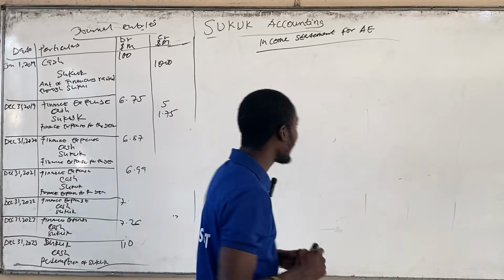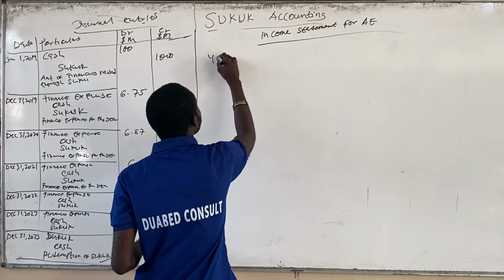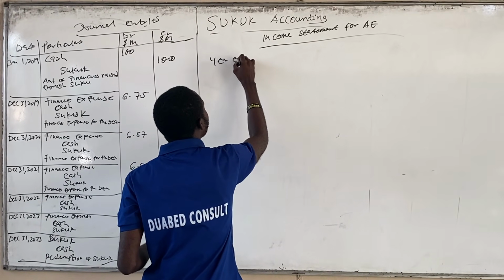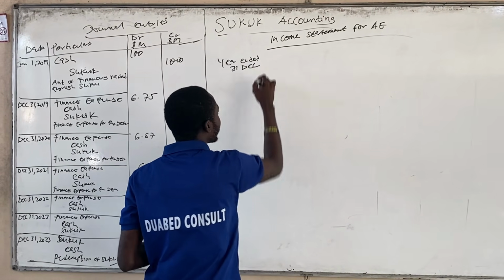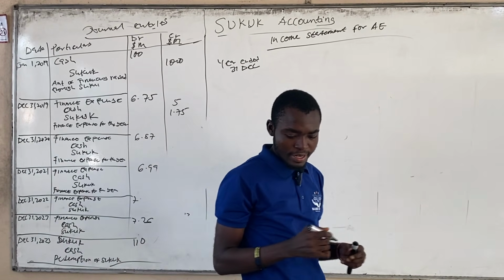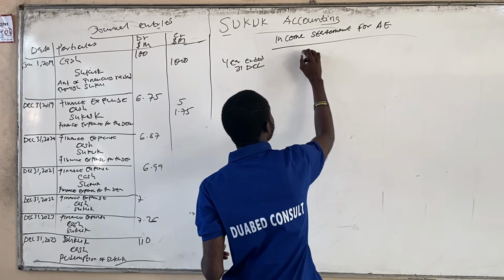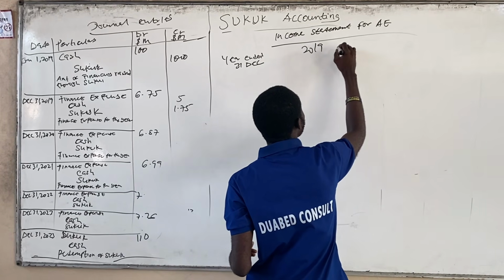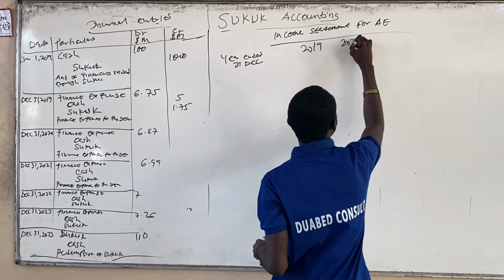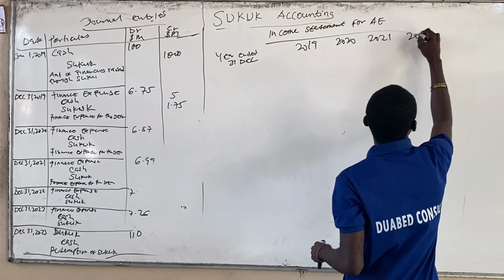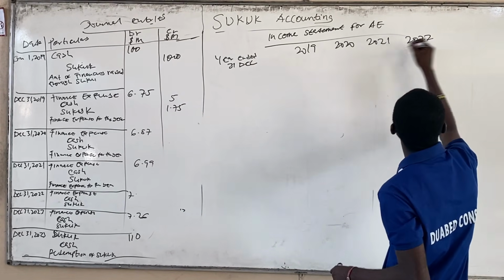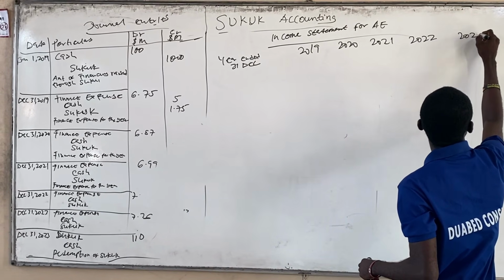So you create a column for year ended 31st December. After that, we will write the respective years. First year is 2019, second year 2020, third year 2021, fourth year 2022, and then the fifth year will be 2023.